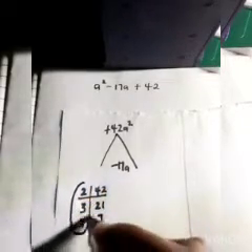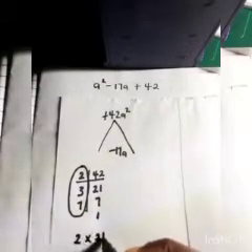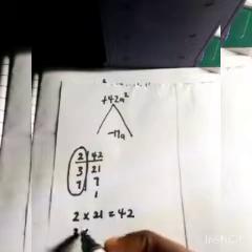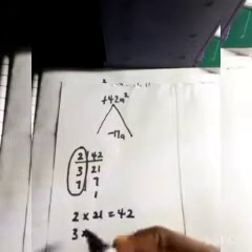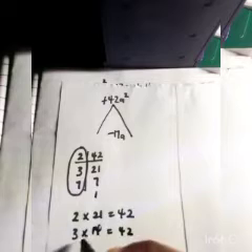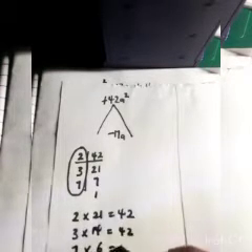Now, what we need is right here. 2 times 21 will give us 42. 3 times 14 will give us 42. 7 times 6 give us 42.